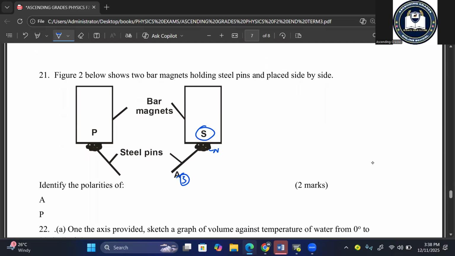And then if this one can be attracted to this, it means this one is north pole. Going backwards, this becomes south pole. This one becomes north pole. So south pole, north pole.